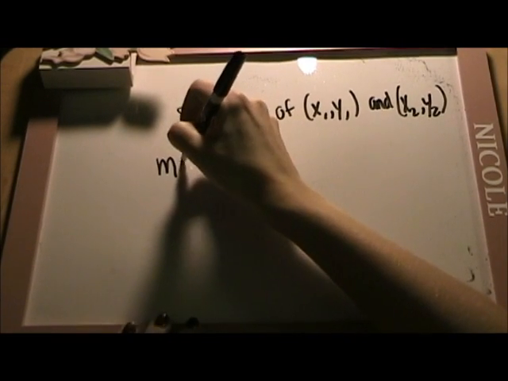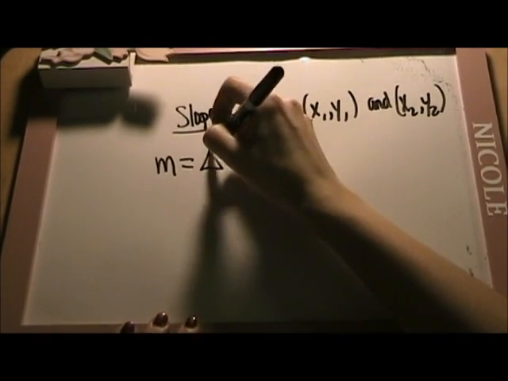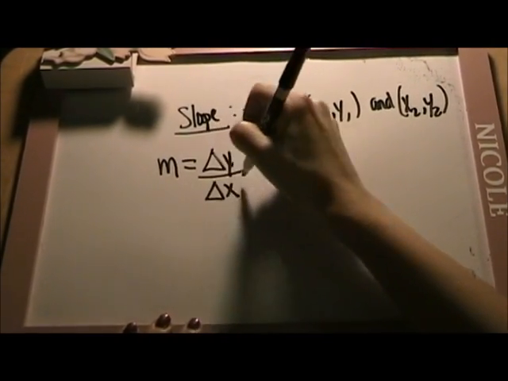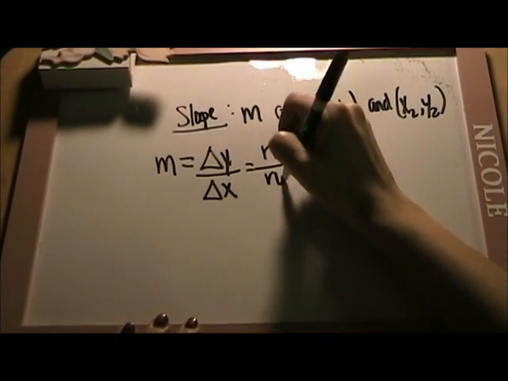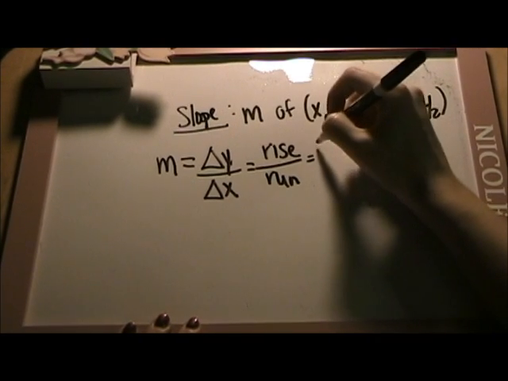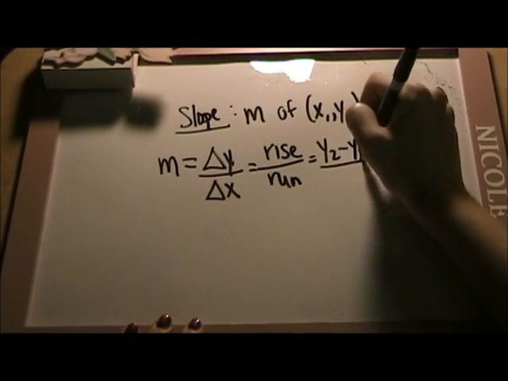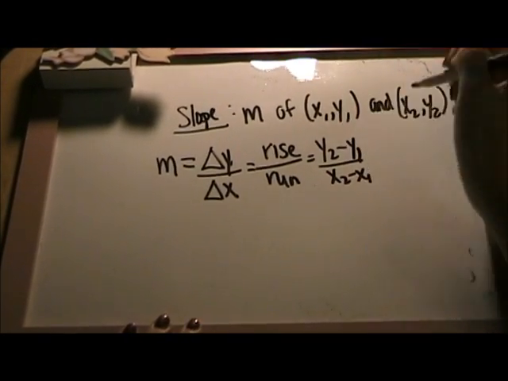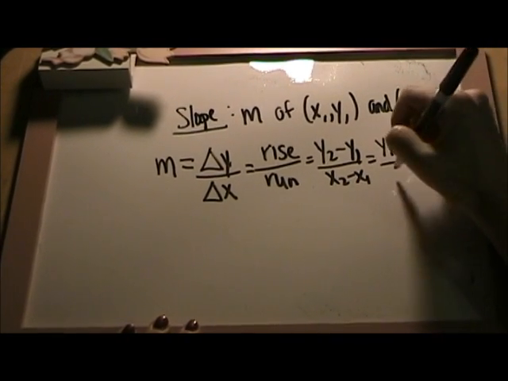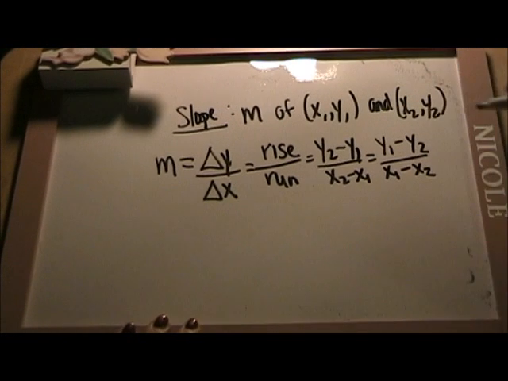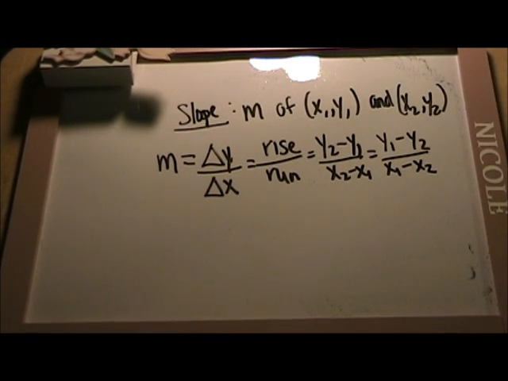Our equation is change in y over change in x, which you know as rise over run, or y2 minus y1 over x2 minus x1, or y1 minus y2 over x1 minus x2. As long as you're consistent, you can do it in either order.